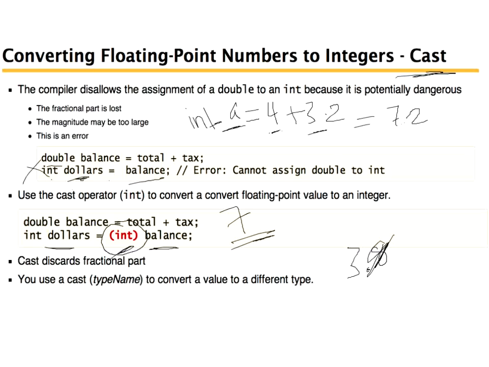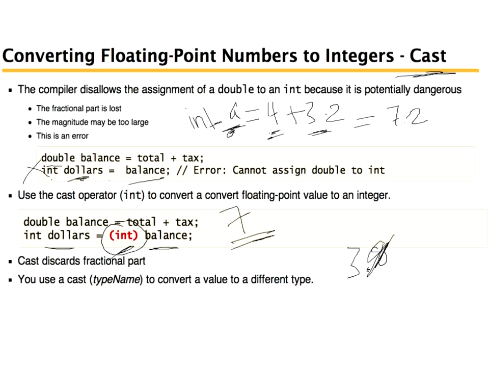Now, what if you actually want the result to be an integer? So you have an integer and a double, but you want the result to be an integer. Now you're going to have to do a conversion, right? So, for example, if you want 4, which is an integer, plus a double, 3.2, and you want a to be an integer, you don't want it to be a double, you're going to have to convert.